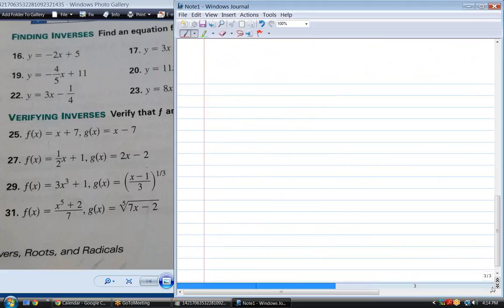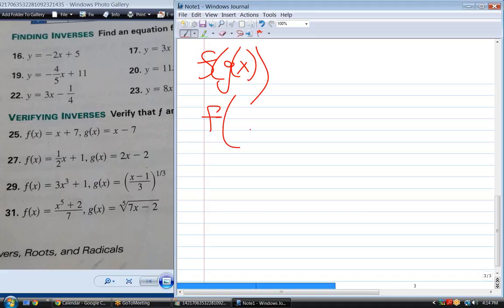Okay, let's try 27. What's f of g of x? Step by step. It's f of 2x minus 2. F of x is equal to 1/2 x plus 1.